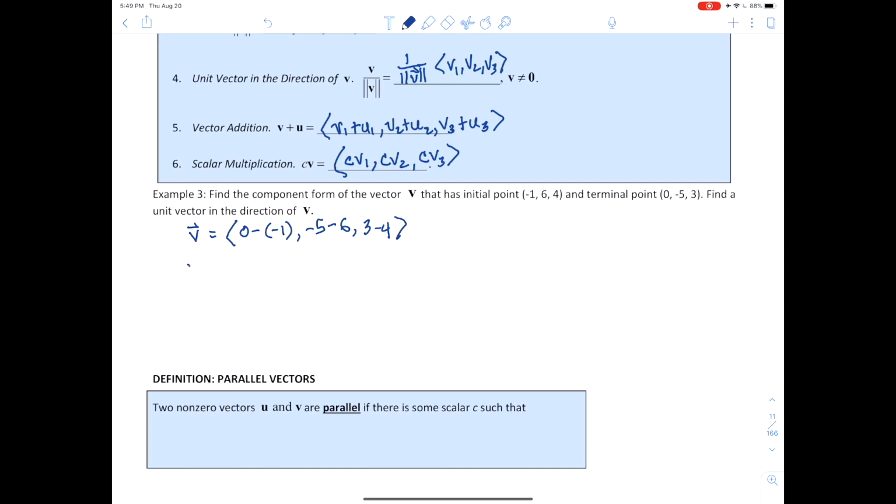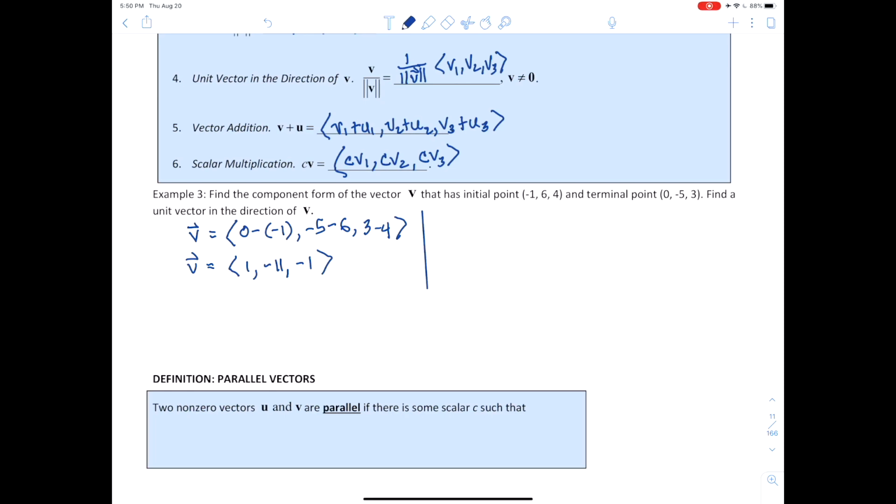And so that's going to give us that v is equal to 1, negative 11, negative 1. Good so far? All right. So now what are we supposed to do? We're supposed to find a unit vector in the direction of v. So we finished with our first part.